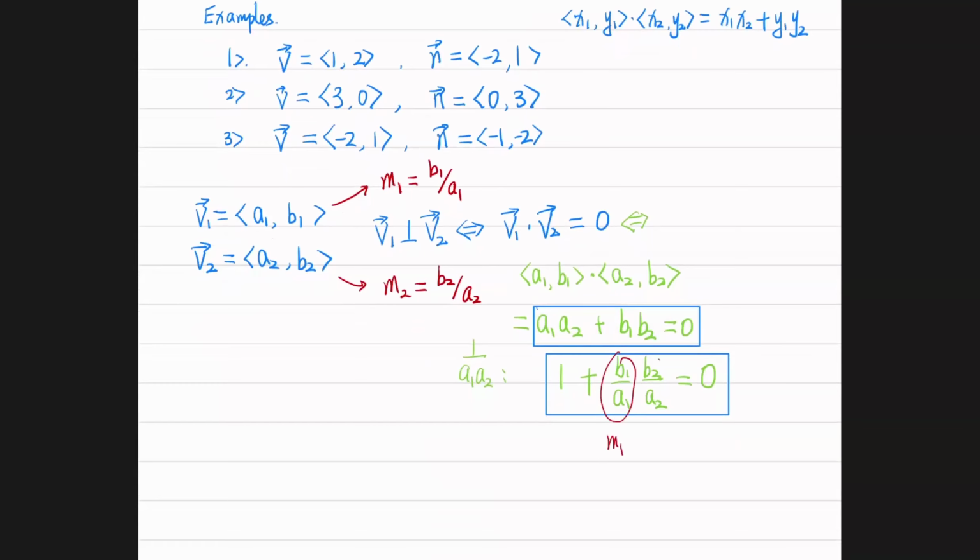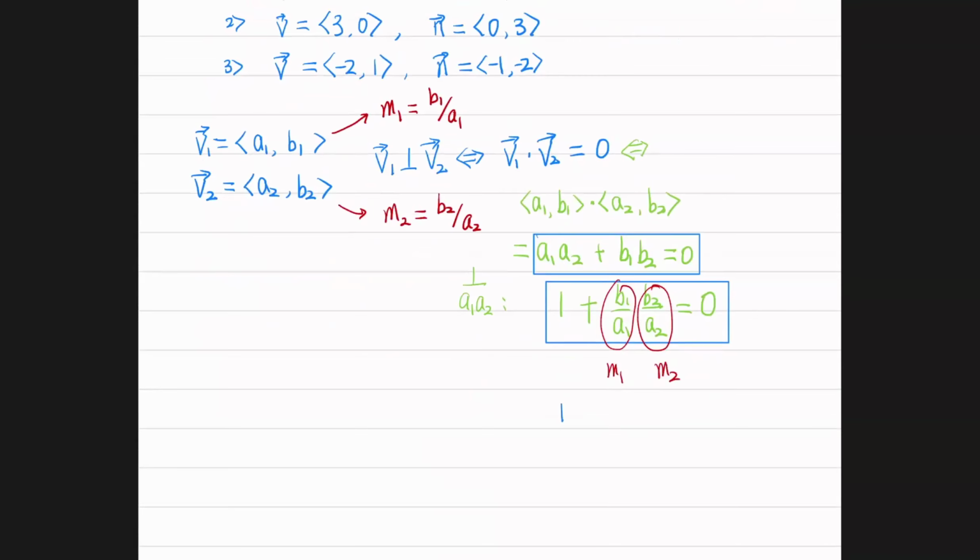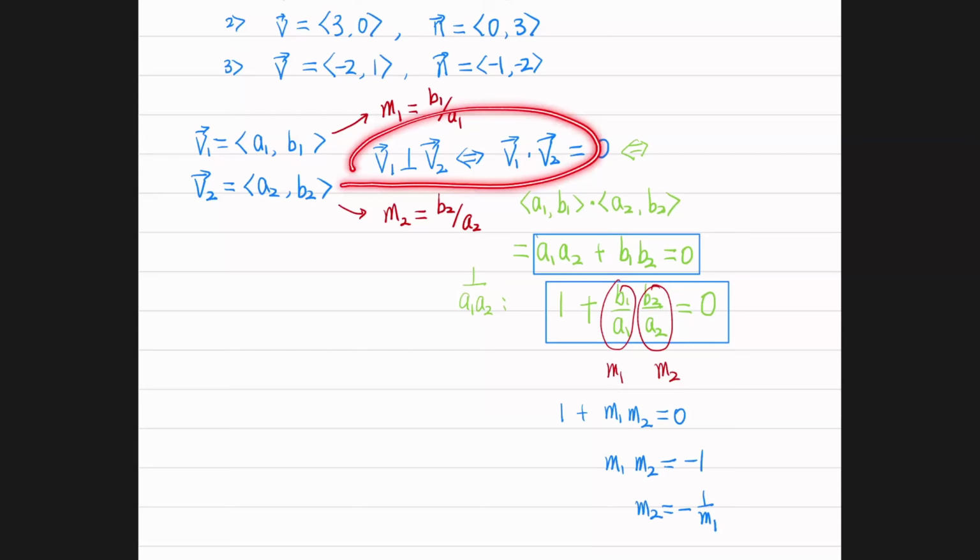So from there, we conclude 1 plus M1 M2 is 0. M1 M2 is negative 1. That's how we go from two vectors being perpendicular to the slopes being negative reciprocals.